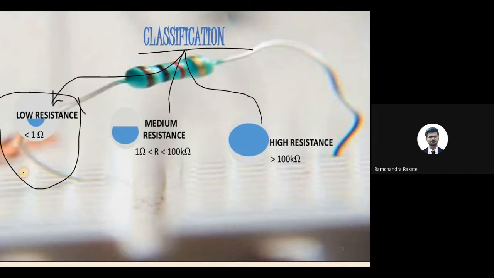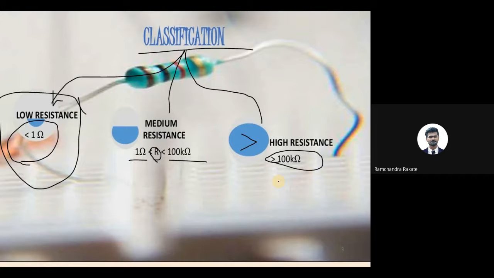It should be less than 1 ohm. For medium resistance, the value should be between 1 ohm and 100 kilo ohm, and if the value of resistance is greater than 100 kilo ohm, then it belongs to high value resistance. Okay, so these are some classifications.